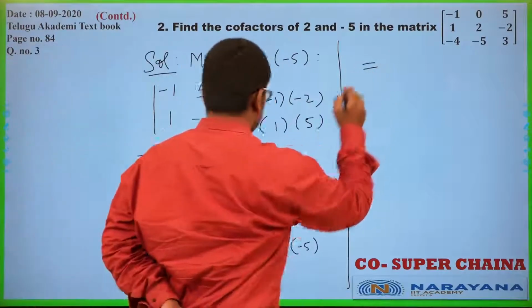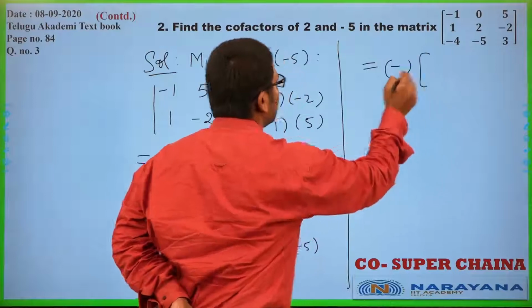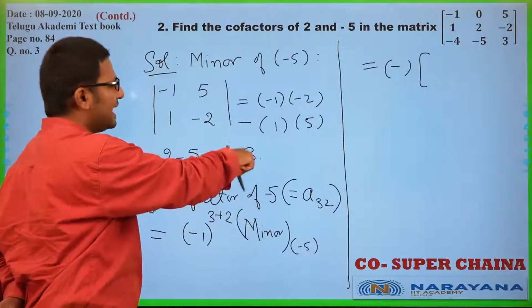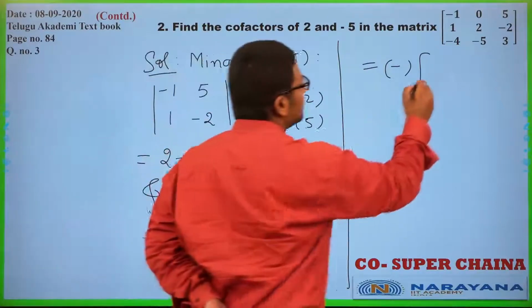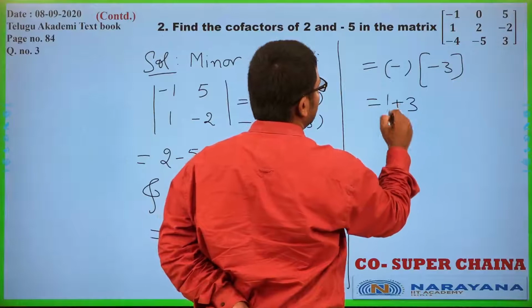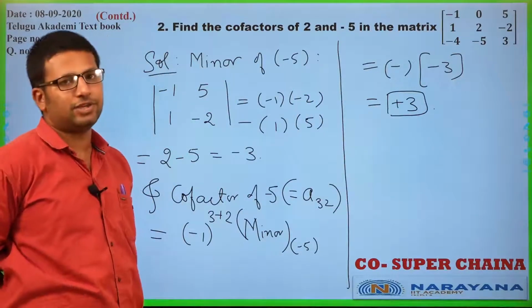So this is -1 raised to 5, which is minus itself. Minus of the minor of element -5, which we've already calculated as -3. So minus of -3 is plus 3. So the cofactor of -5 is plus 3.